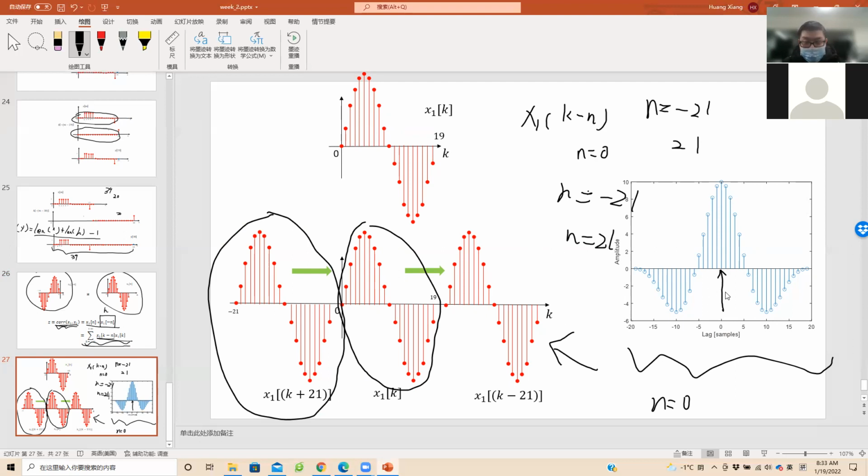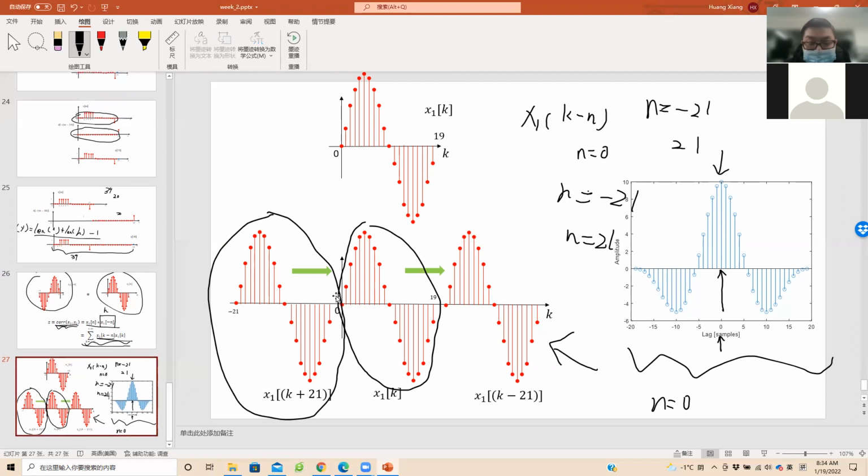So you can use the autocorrelation function to decide when the signal starts. According to this example, when n equals 0 it has the maximum value, so we know that the starting time index is 0. This is the convolution application called autocorrelation.